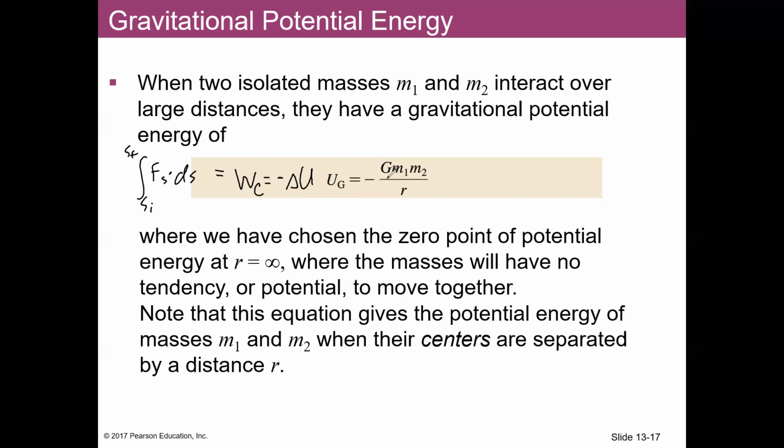So if we take the gravitational force law and integrate F sub r dr from r initial to r final, well, along the r-axis, it's towards the origin, so it's minus G big M little m over r squared dr, integrated from r initial to r final.